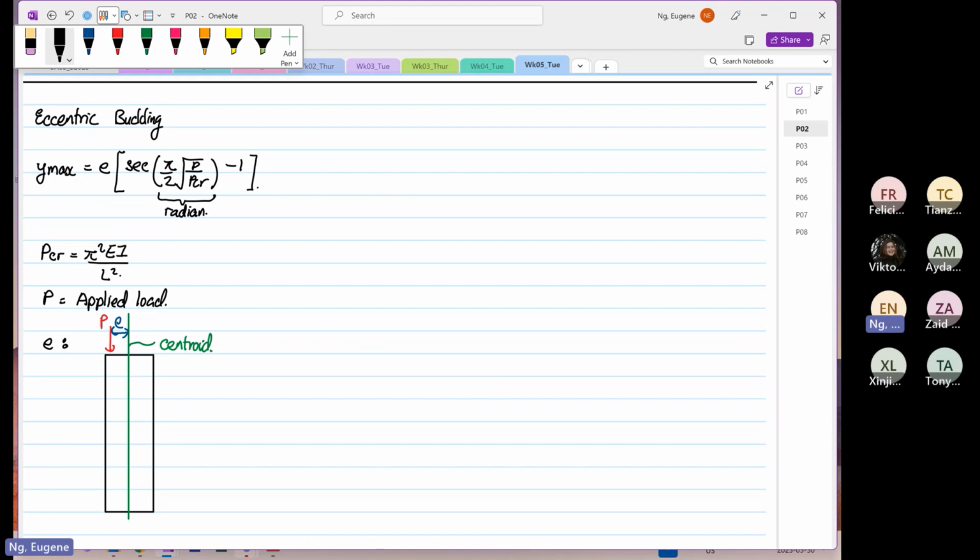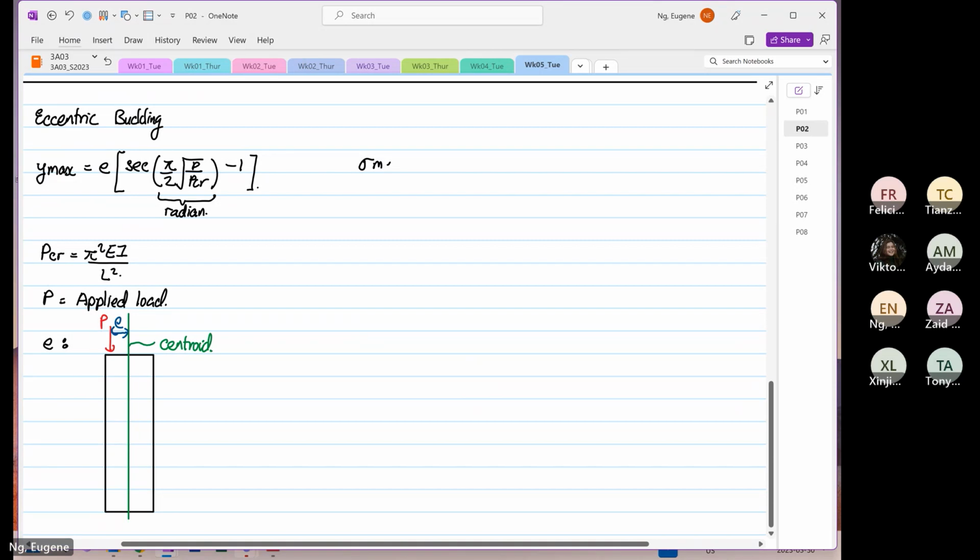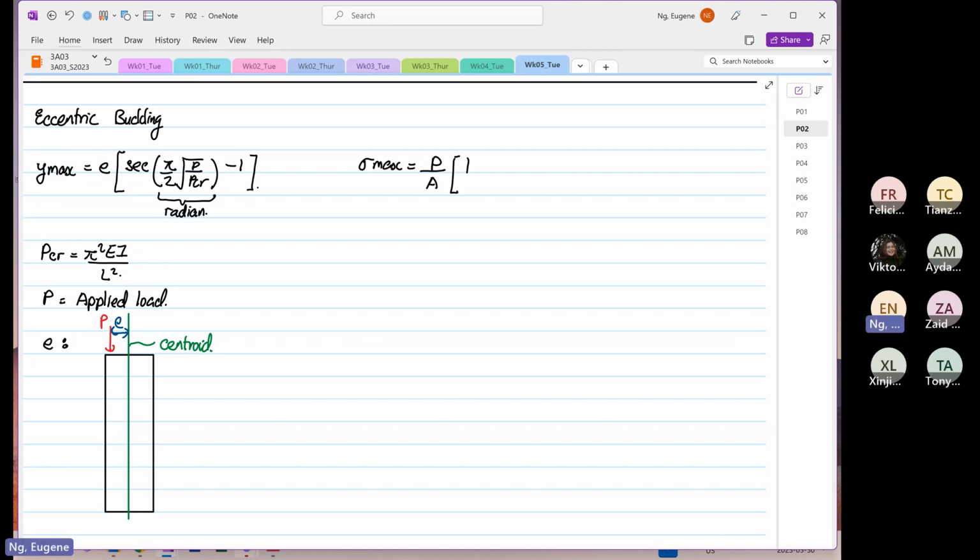The next formula that we need to know is stress max, which is equal to P over A, times bracket 1 plus EC over R squared multiplied by secant of pi over 2 square root of P over PCR.